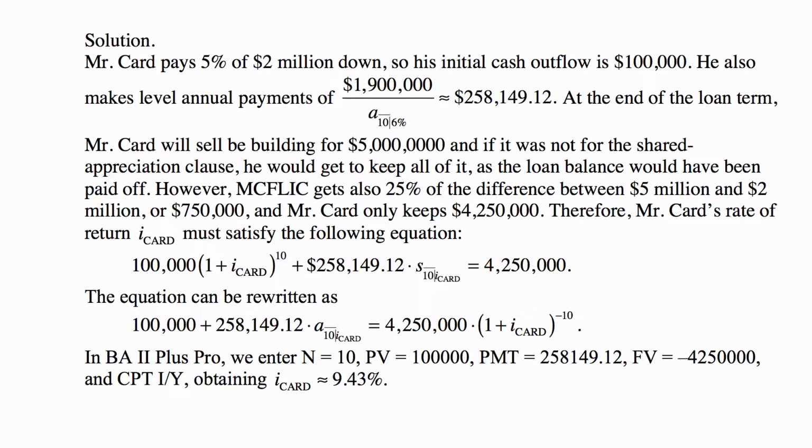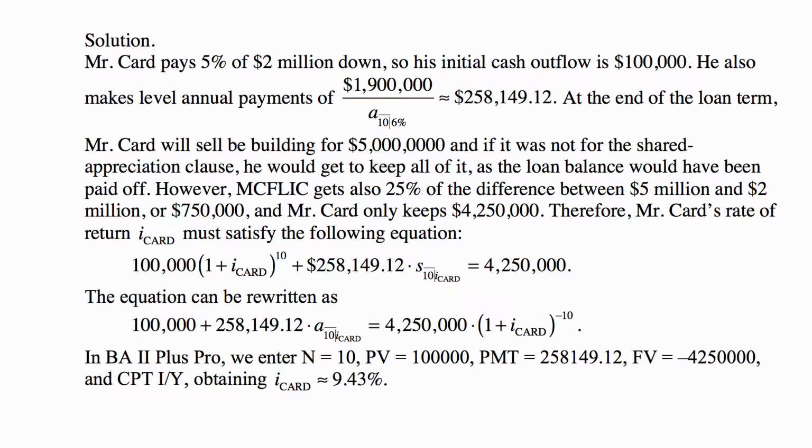So his rate of return, which I call I Card, must satisfy this equation: he puts down $100,000, and over 10 years it earns this rate of return, plus he pays $258,149.12 every year at the end of the year for 10 years, and the total of these two accumulates to $4,250,000.